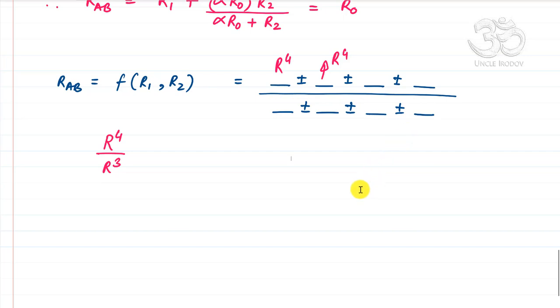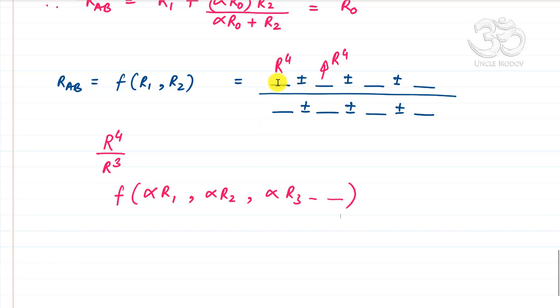Fine. Now in the next case what I'm doing is I'm replacing every term with alpha times that value. And suppose there was R3 also, I would have done alpha R3. So wherever R1 appears, I'm going to put alpha R1. Wherever R2 appears, I'm going to put alpha R2.